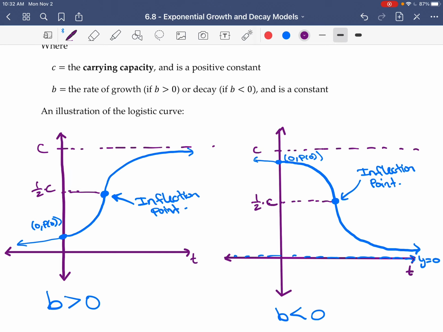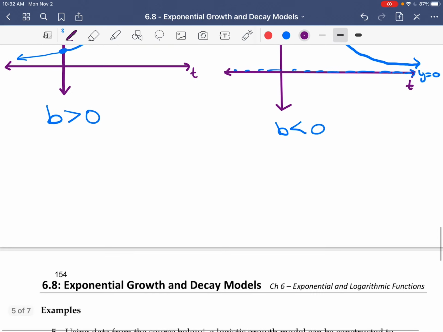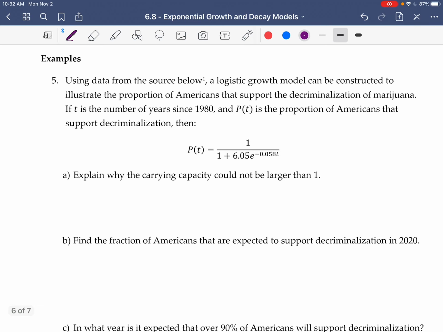So let's do an example of this. We're using data from a source, which is given at the bottom here in the footnote. We have a logistic growth model constructed to illustrate the proportion of Americans that support decriminalizing marijuana. T is the number of years since 1980, so 1980 is T equals 0. P of T is the proportion of Americans that support decriminalization.